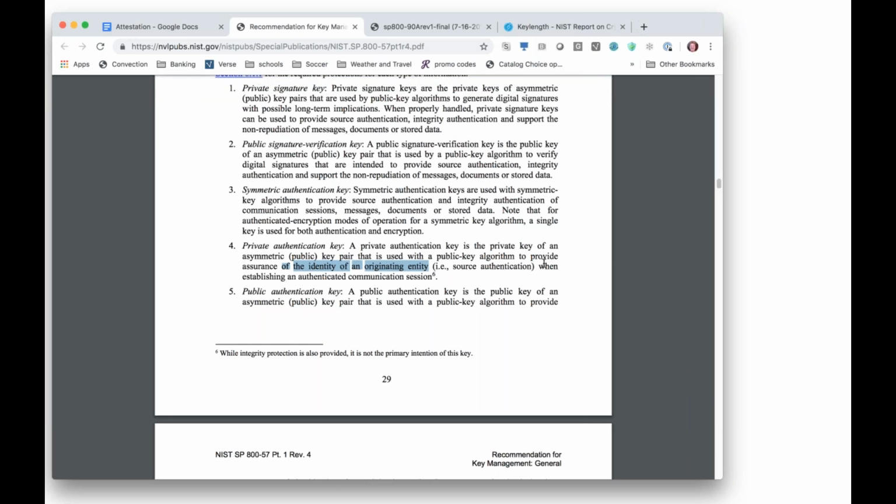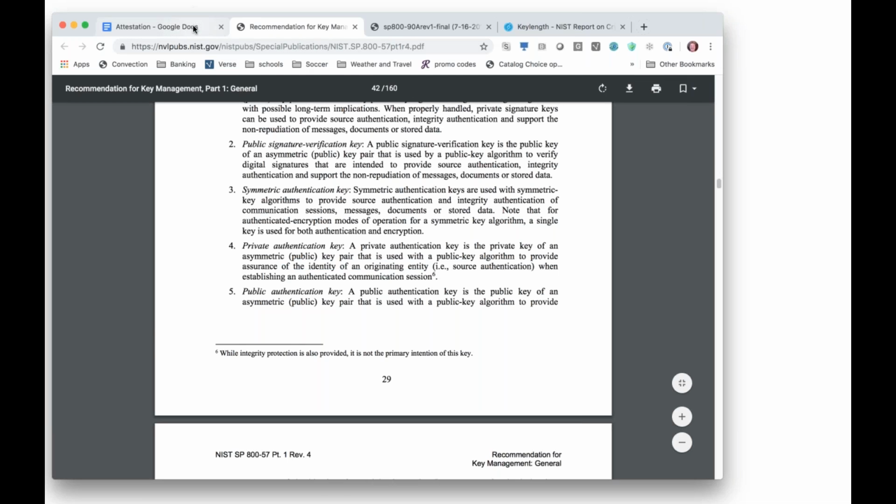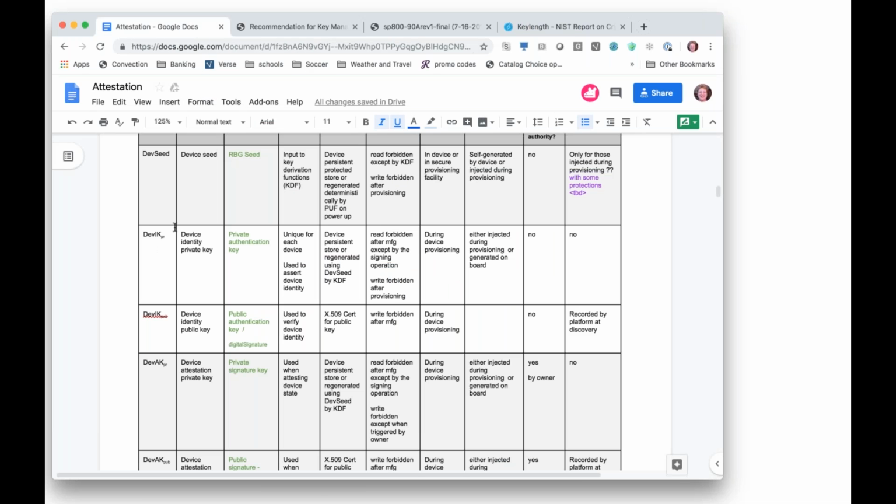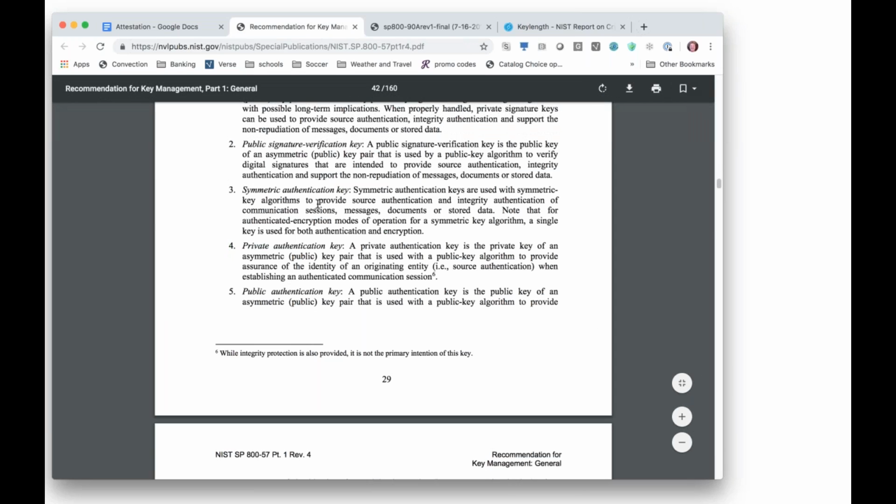But it keeps going, and says when establishing an authenticated communication session. In our case, this is an identity key pair, the identity of this device, but we're not necessarily using it to establish a communication session. So how do we advise people on what kind of key we have based on what NIST defines them as? There's a whole list of them.